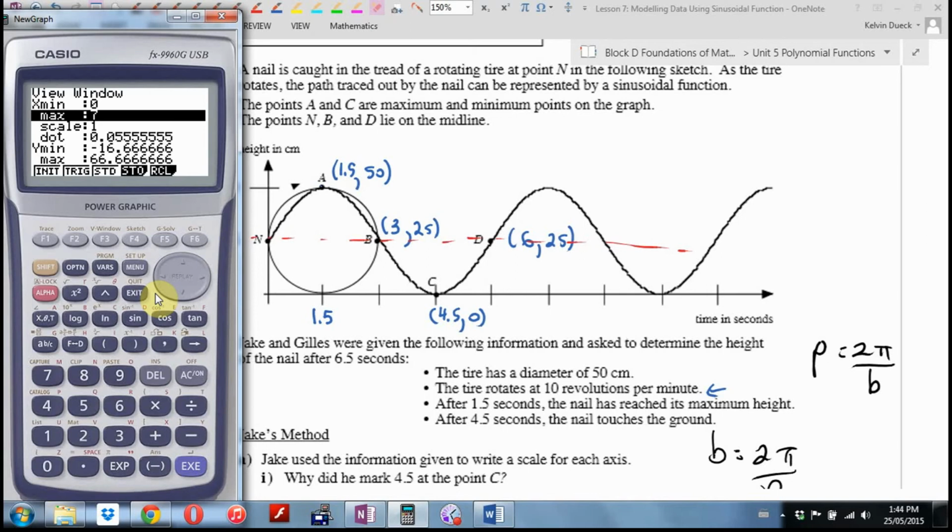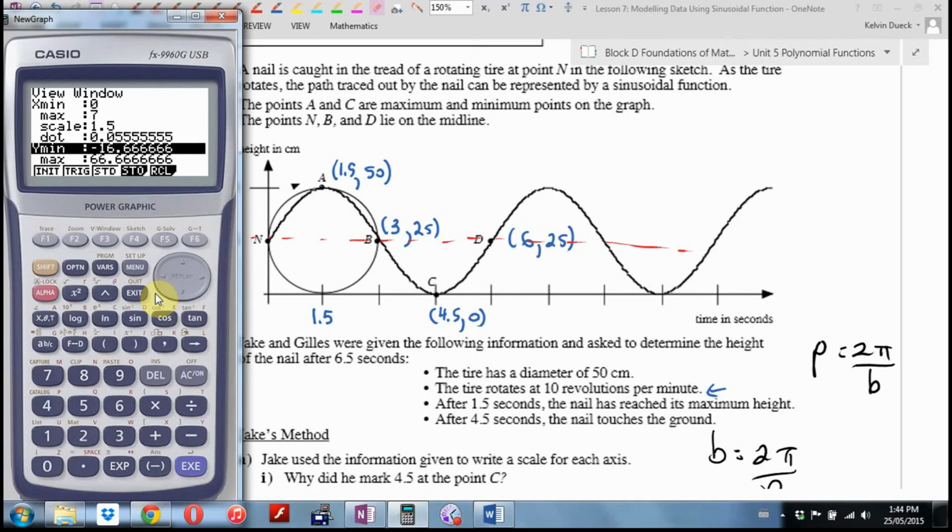So, oh, you know what? 7, sure, that works. I want to go a bit past 6.5. Scale? Why don't I go with their hash marks, 1.5? It's not a convenient scale, but that way stuff will line up nice.